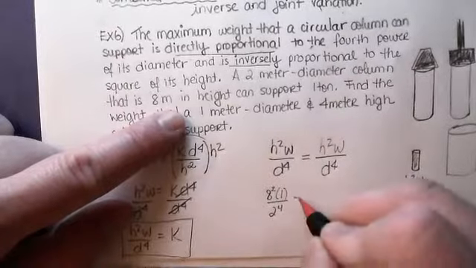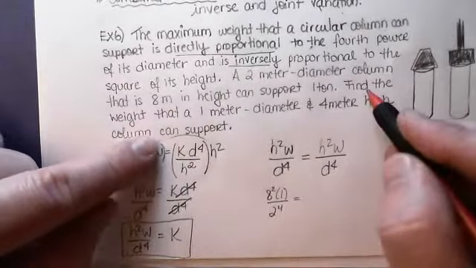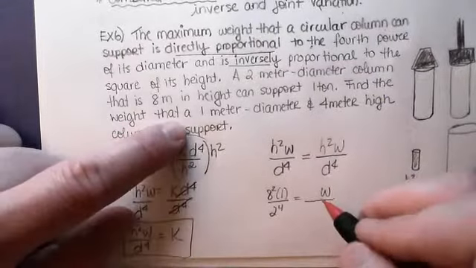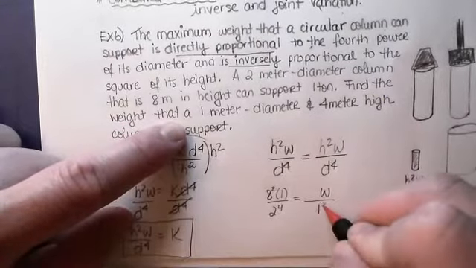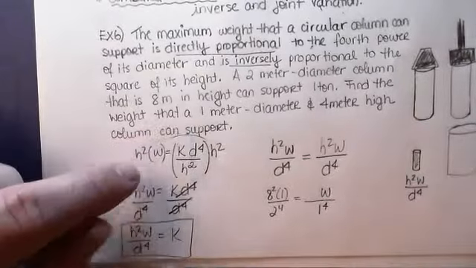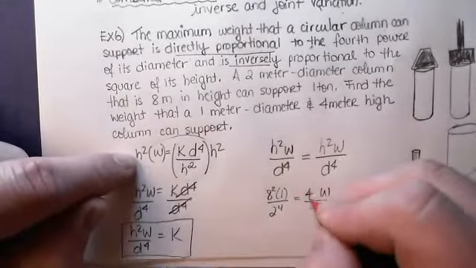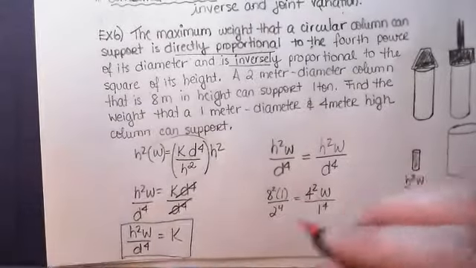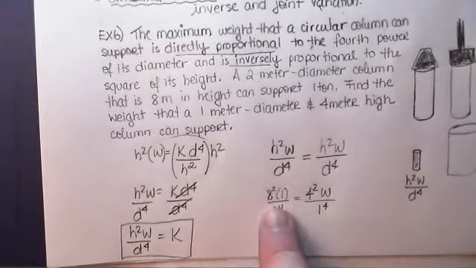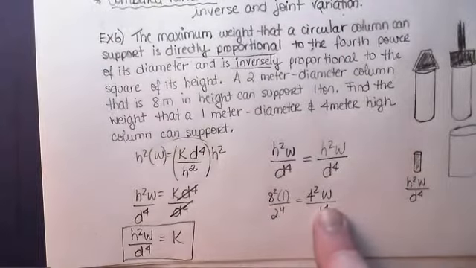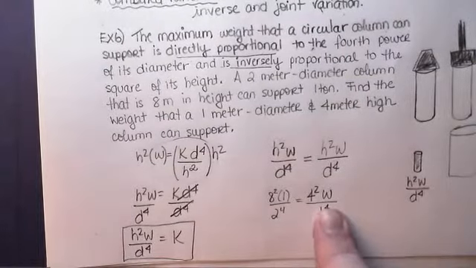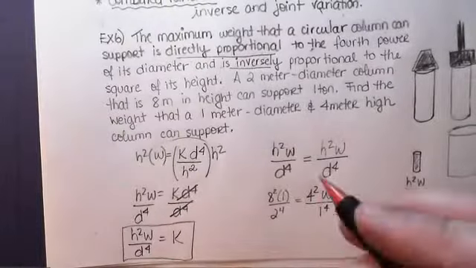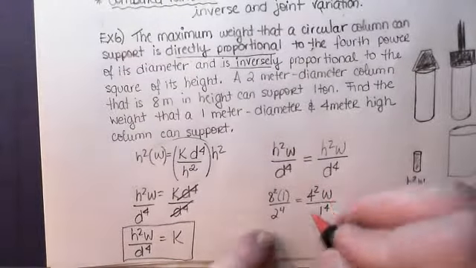And we need to find the weight that a 1 meter diameter and 4 meter high column can support. So basically, if you notice here, I'm setting the first situation equal to the second situation, and I'm having one piece of information missing, and that way I can solve for that missing piece.